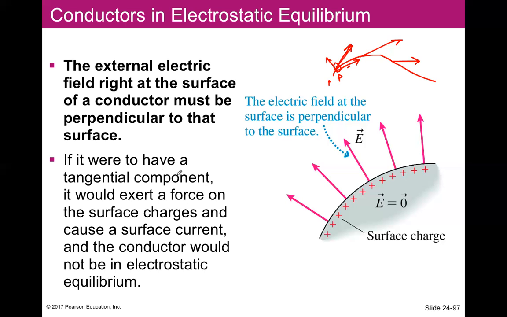If it were to have a tangential component, it would exert a force on the surface and cause a current or a motion of charges, and the conductor would not be in electrostatic equilibrium. So that's another feature of a conductor.